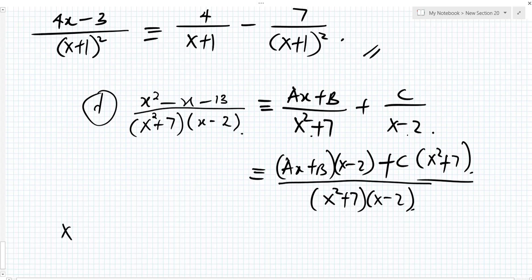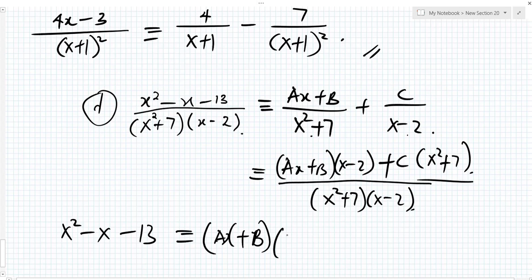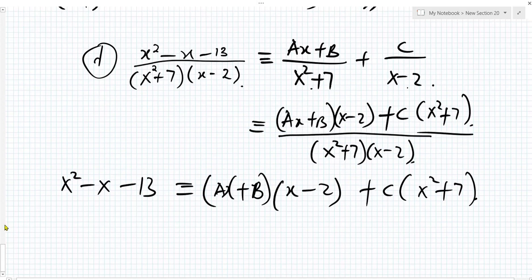Equating the numerator, I have x squared minus x minus 13 equivalent to ax plus b times x minus 2 plus c times x squared plus 7. Now select x equal to 2.